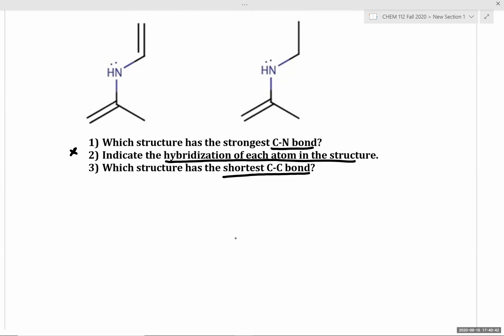If not, I at least want to see a few responses for which structure has the strongest carbon-nitrogen bond. Then we'll discuss this example momentarily.